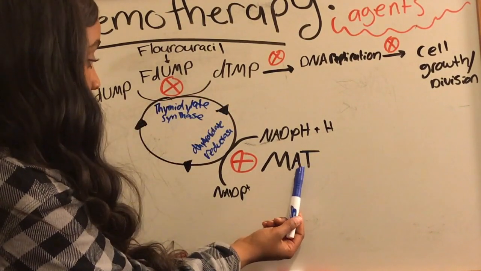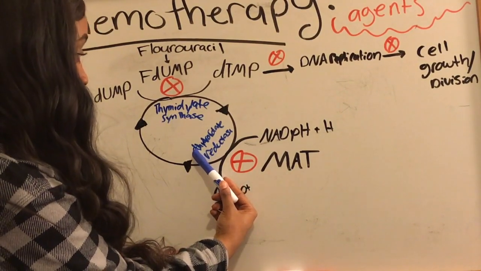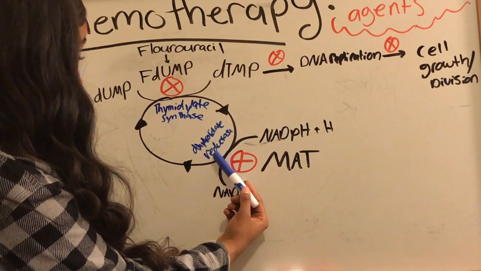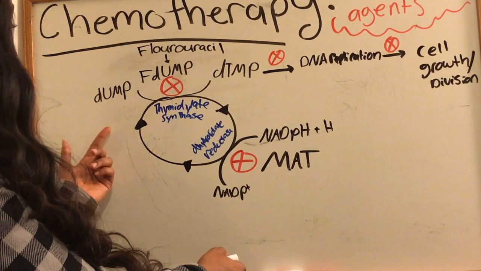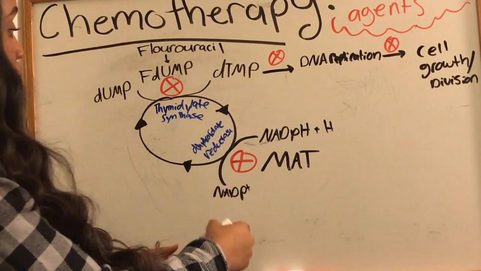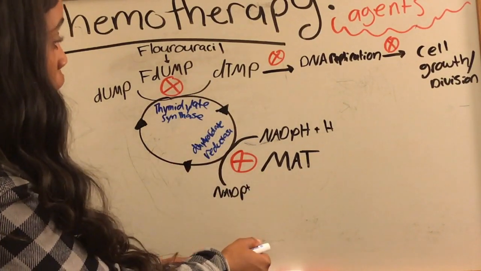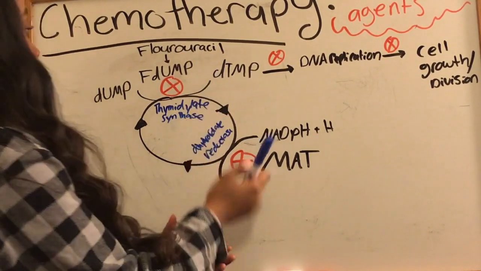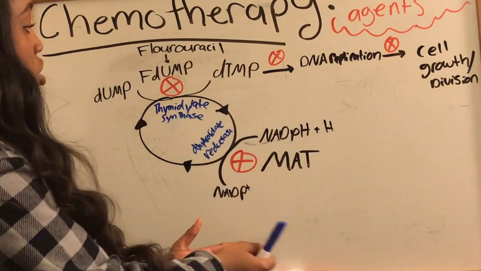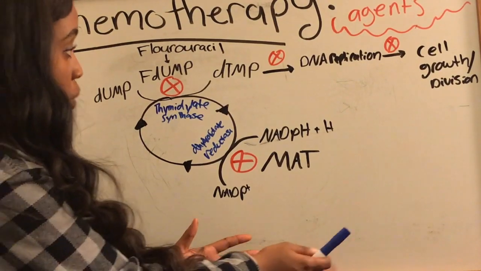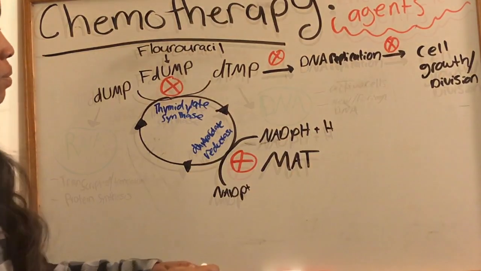And then we also have MAT that comes in and interferes with the enzyme known as dihydrofolate reductase, and that also assists in the conversion of dUMP to dTMP. So with both of these chemotherapeutic agents involved, the synthesis of dTMP is interfered with, and therefore DNA replication can no longer occur. And without DNA replication, the cell can no longer grow or divide.